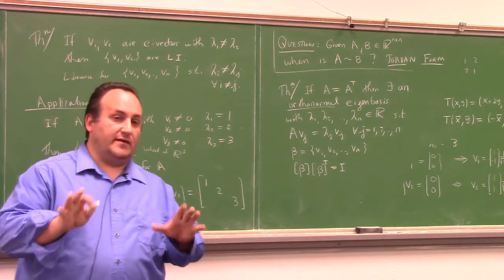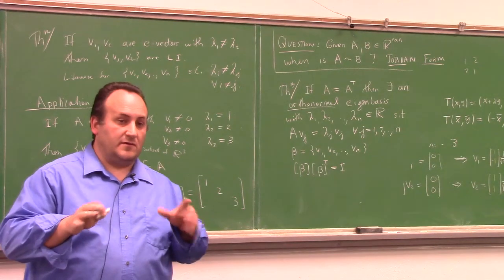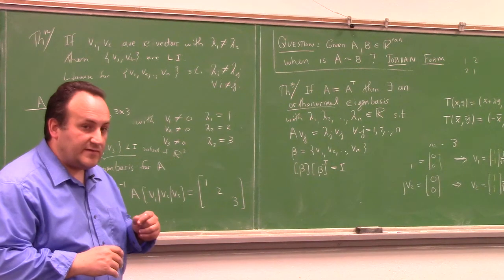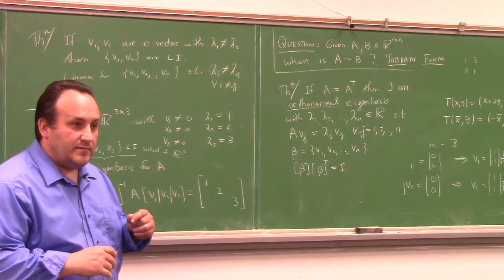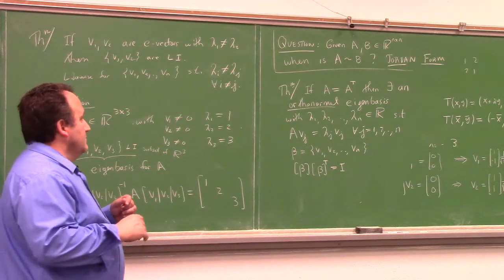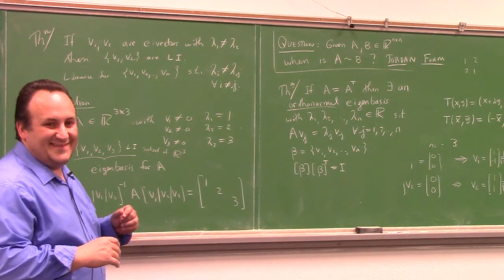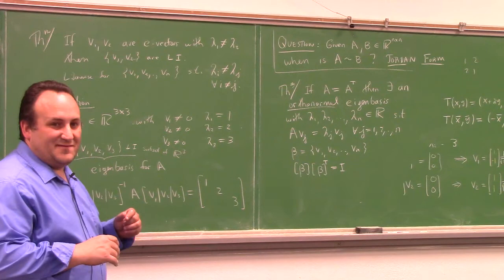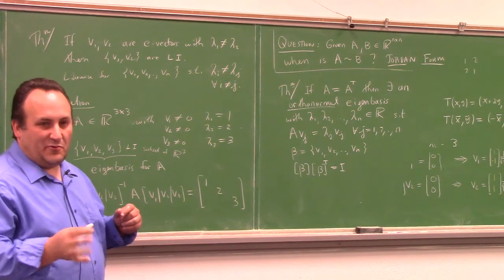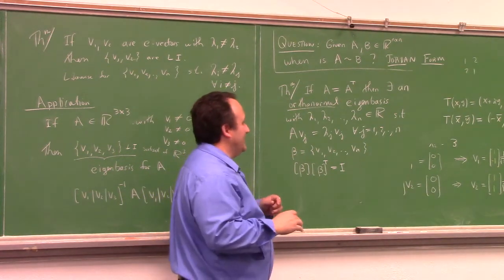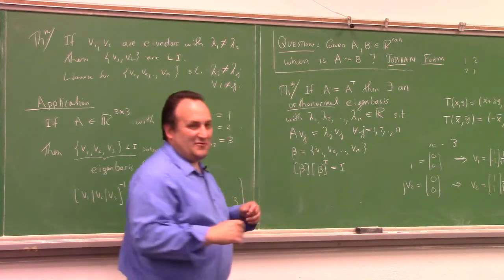I constructed the orthonormal eigenbasis for the 1, 2, 2, 1 matrix. Actually, this is not just an if-then. This is an if and only if. So there exists an orthonormal eigenbasis for your matrix if and only if it's a symmetric real matrix.